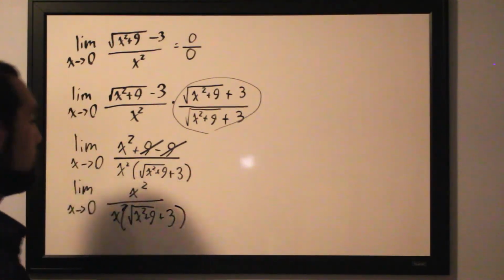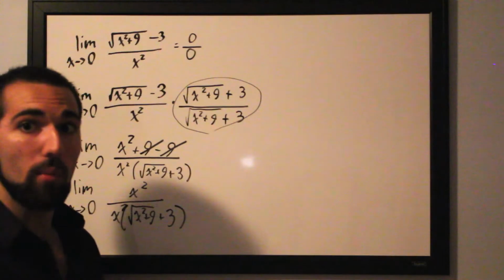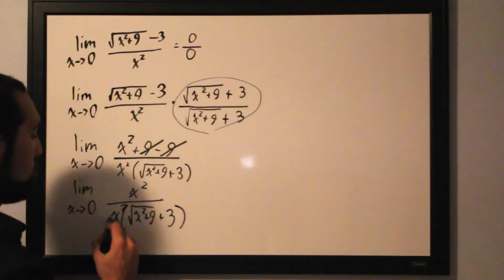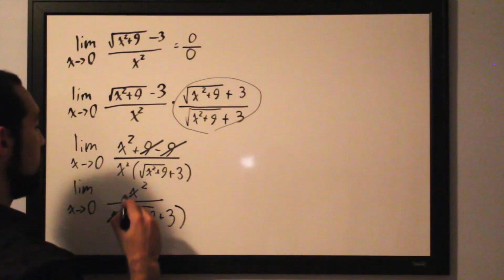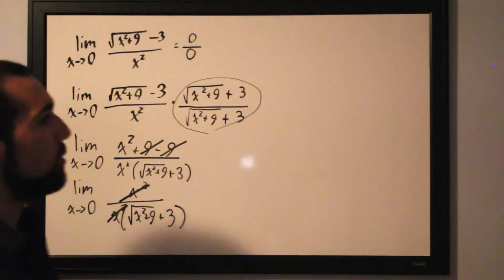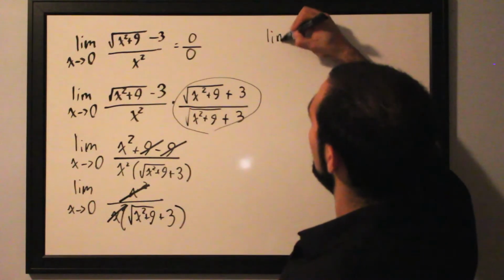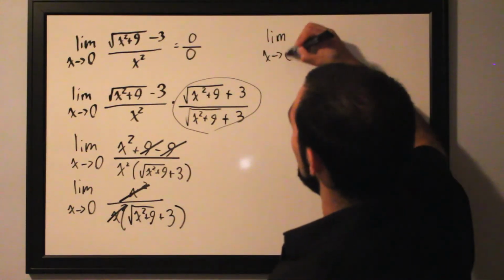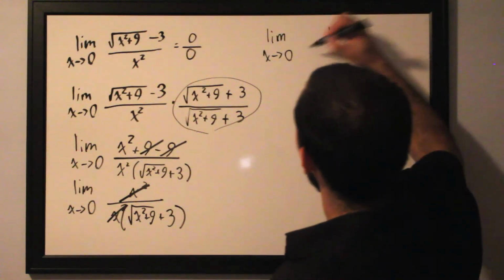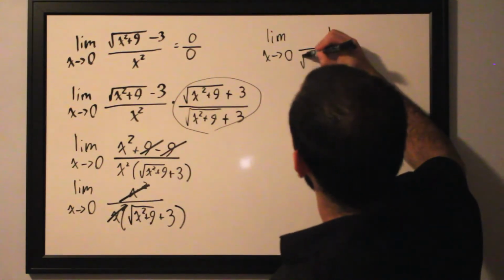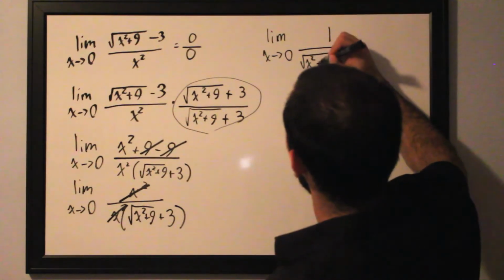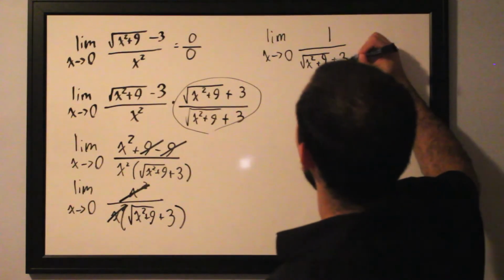We didn't distribute this. And we notice that we have a common factor of x squared among these two functions over here, the numerator and the denominator, so these cancel each other out. So here we can rewrite this as the limit as x approaches 0 for 1 over the square root of x squared plus 9 plus 3.